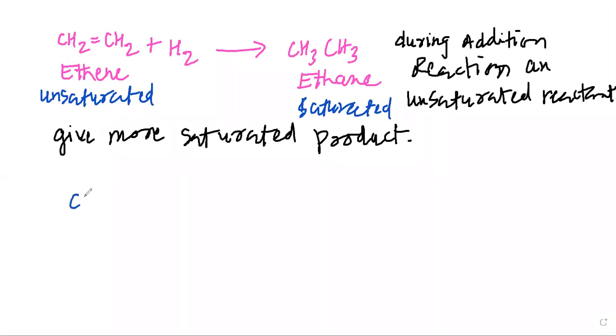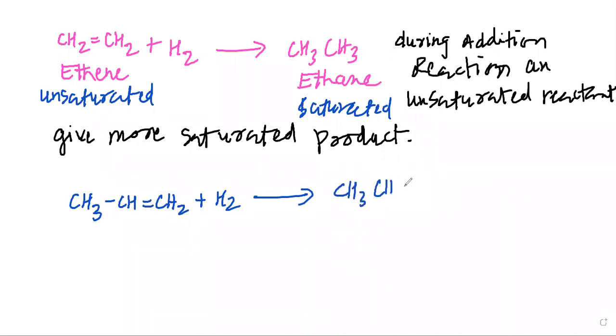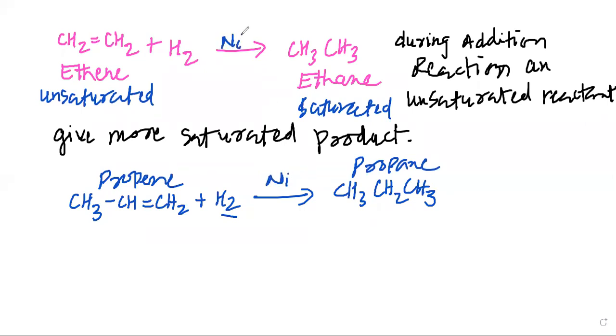Suppose you have CH3, CH double bond CH2, and if you add H2 to it, the product that we get is CH3, CH2, CH3. This is known as propene, and the product that we get is propane. Here we need nickel as a catalyst.